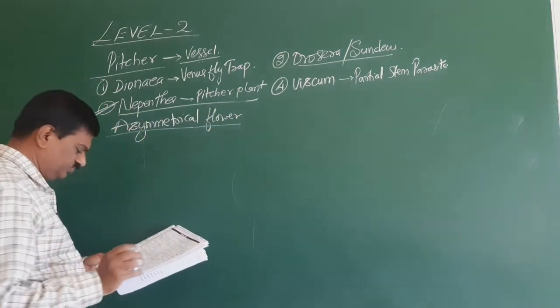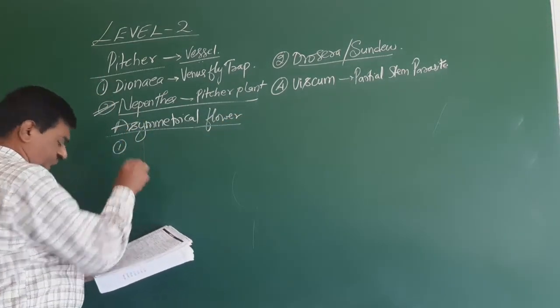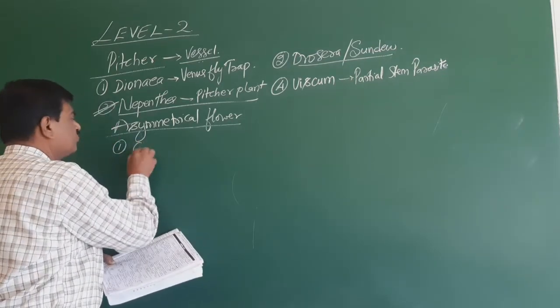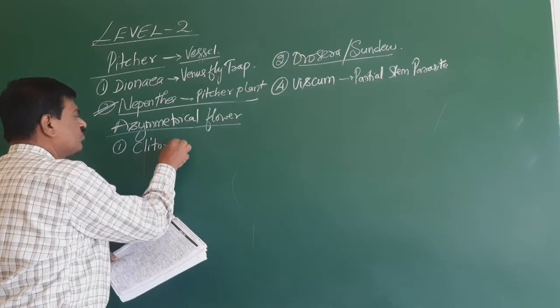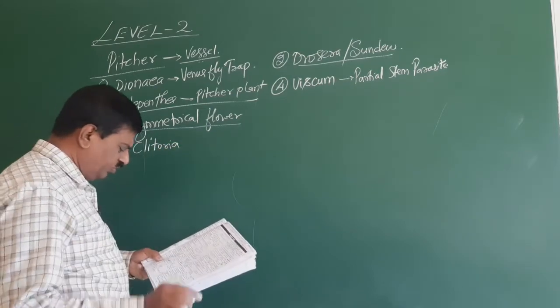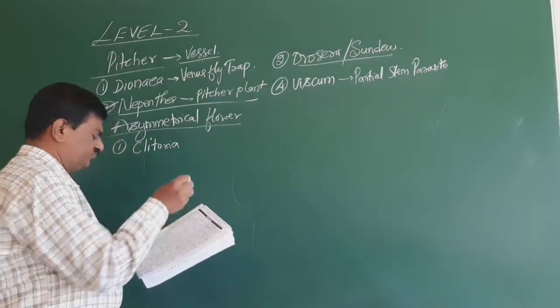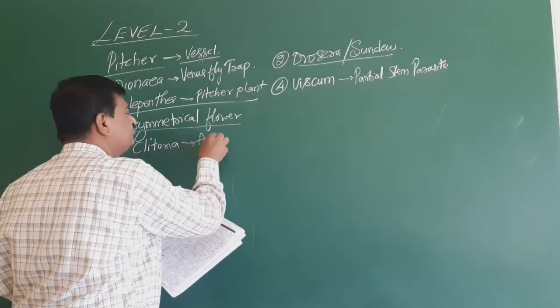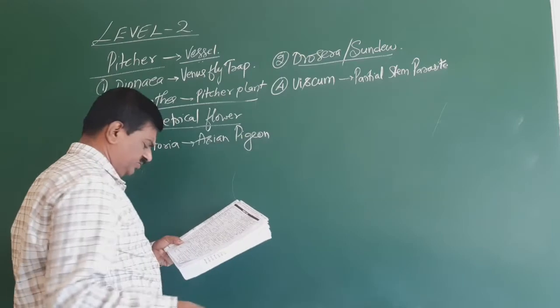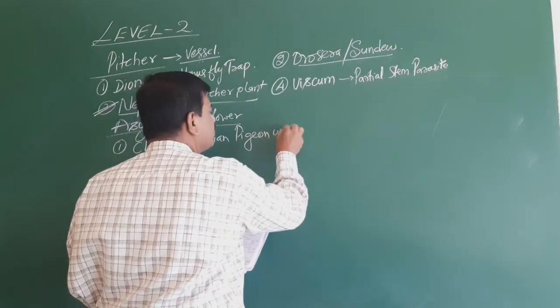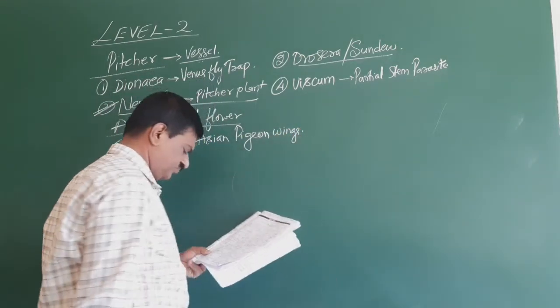So that is called an asymmetrical flower. The first one is Clitoria. This Clitoria is called Asian pigeon wings.